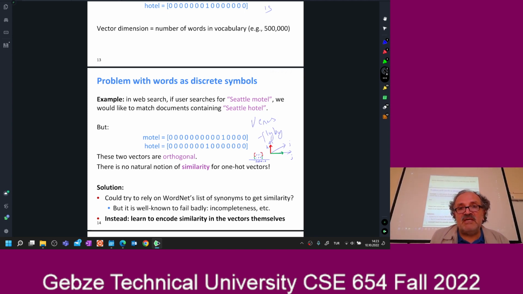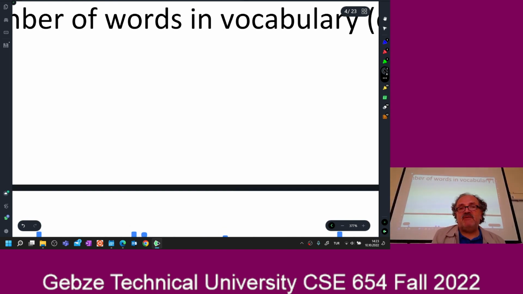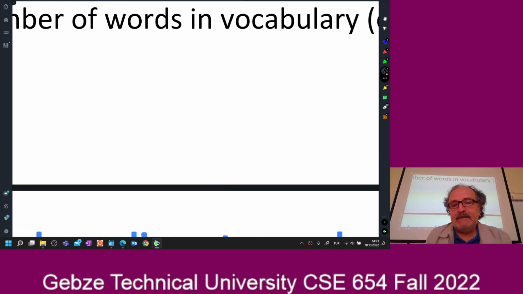For example, for classifiers, it works very well. For example, what? Okay, it's your fault. You asked me, and I will have to explain it. Let's say I have a translation task.